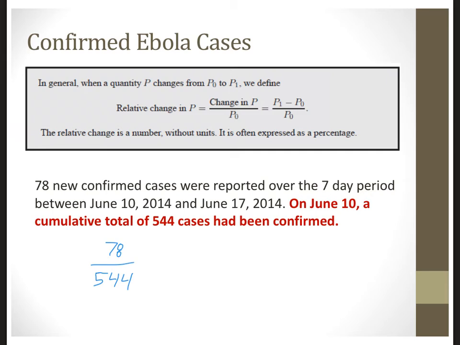And so calculating this ratio gives us a relative change of 0.143. So in other words, if we convert that decimal to a percentage, this is saying that there was a 14.3% increase.